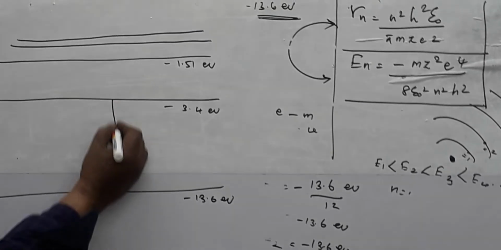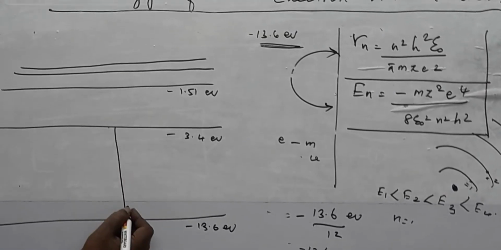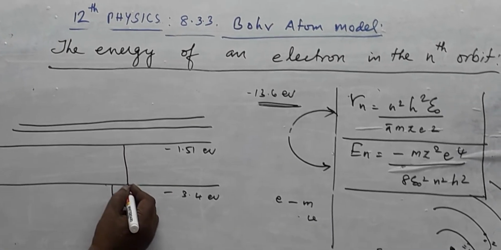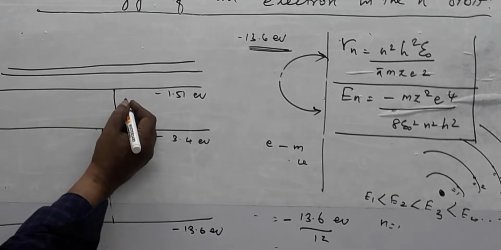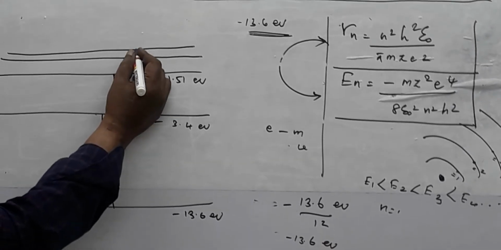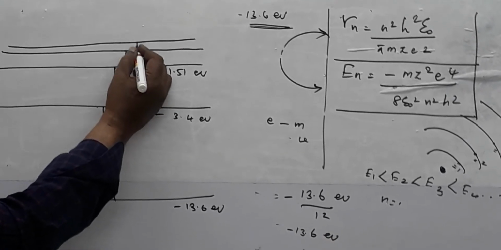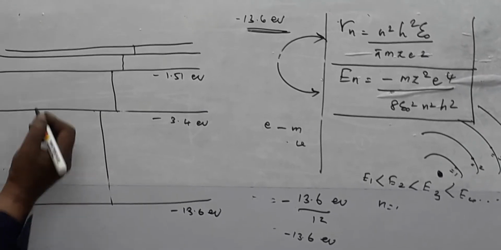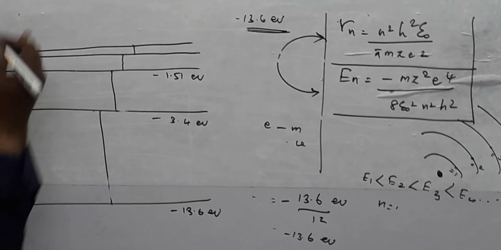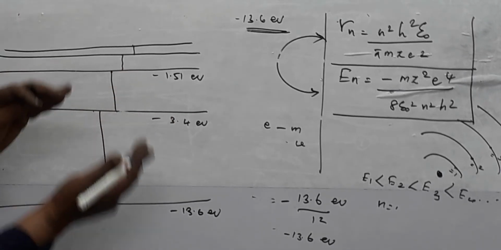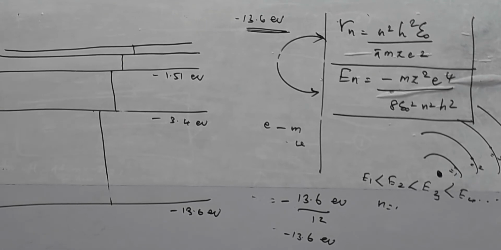The gap between the first and second is very long, whereas comparatively the gaps between second and third, third and fourth, and fourth and fifth are smaller. That means whenever you increase the excited state energy level, the levels are very close to each other.